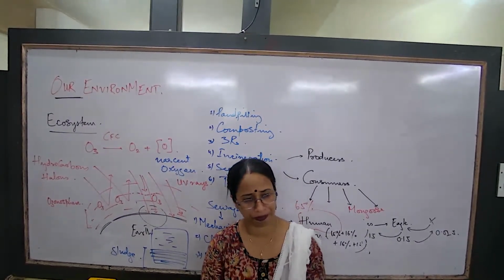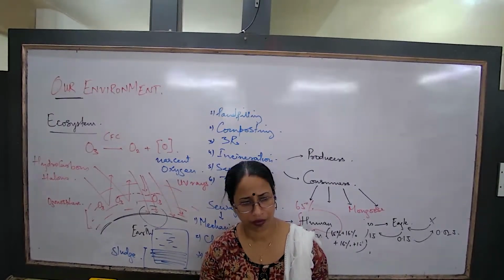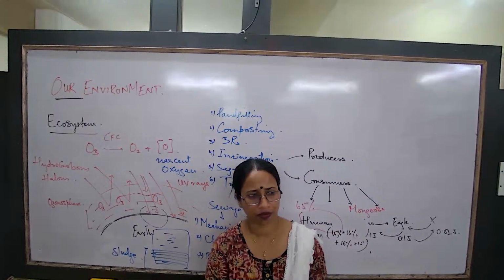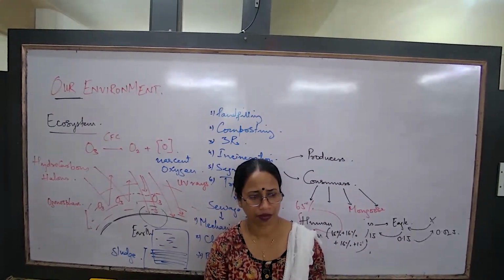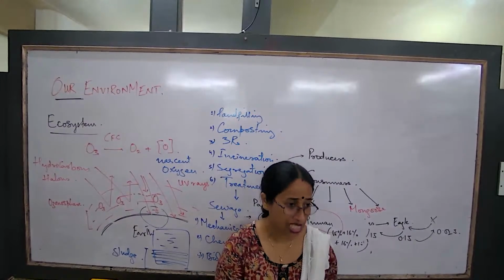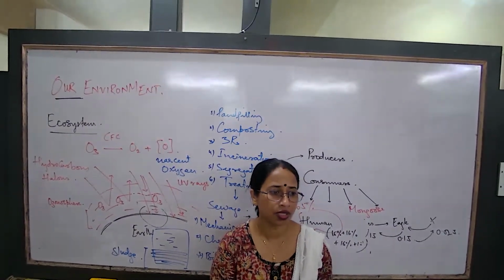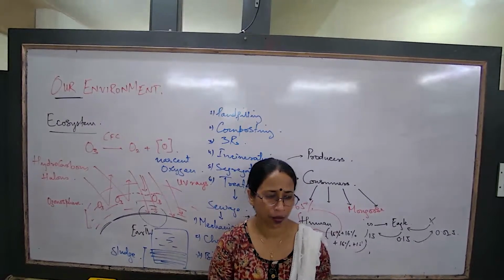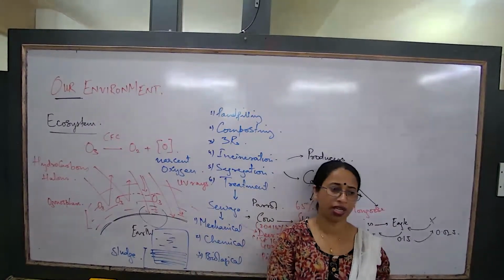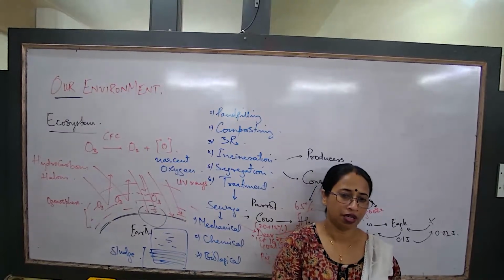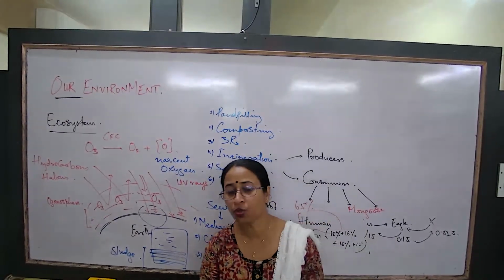What are those? Proteins into amino acids, carbohydrates into glucose.